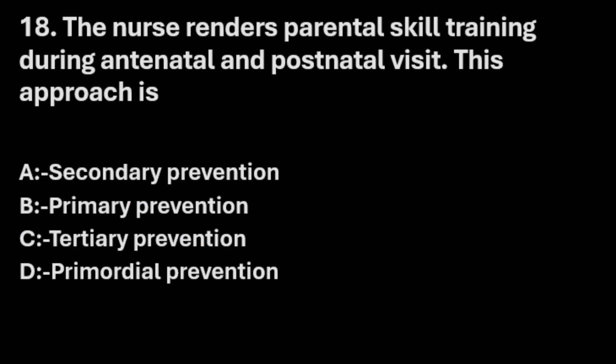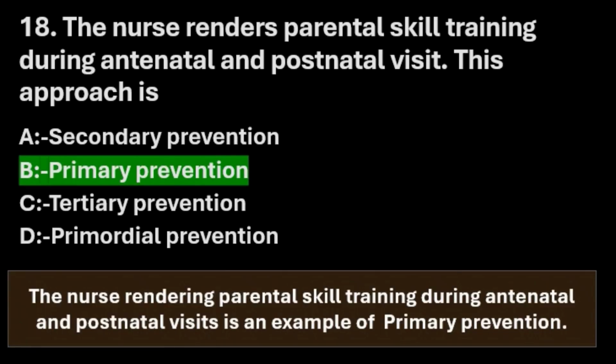Next question. The nurse renders parental skill training during antenatal and postnatal visit. This approach is option A, secondary prevention, option B, primary prevention, option C, tertiary prevention, and option D, primordial prevention. The right answer here is primary prevention. The nurse rendering parental skill training during antenatal and postnatal visit is an example of primary prevention method.